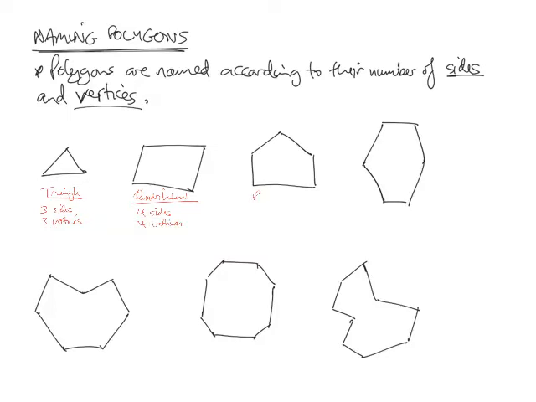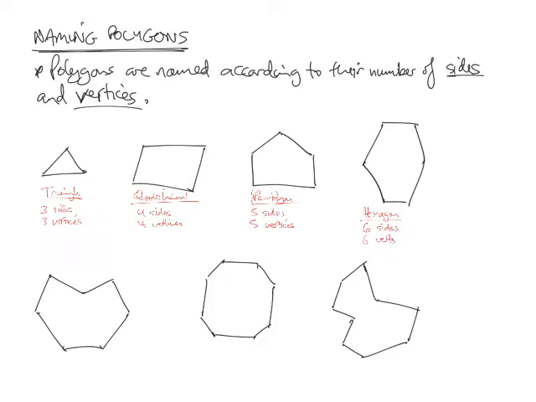This is a pentagon. So after 4, it uses the polygon naming system. Everything ends with gon, and the prefix indicates the number of sides and angles. So 5 sides, 5 vertices. This is a hexagon, standing for 6.